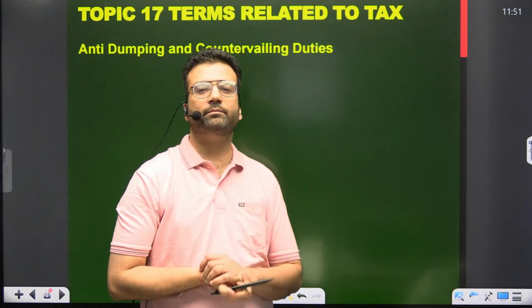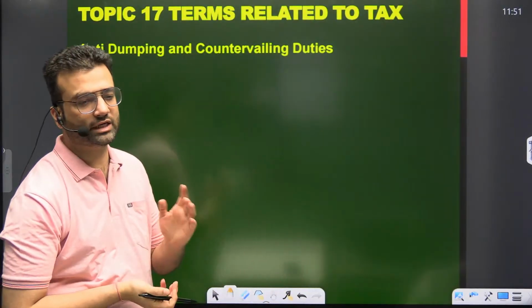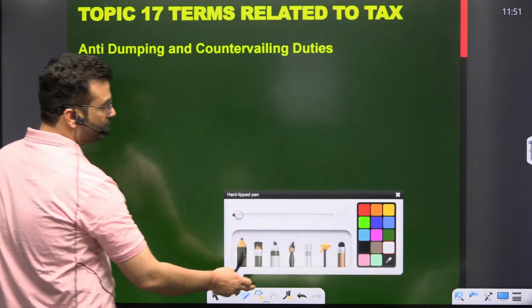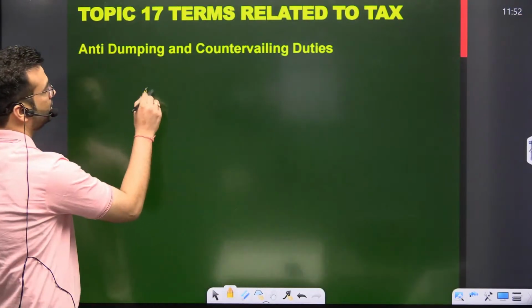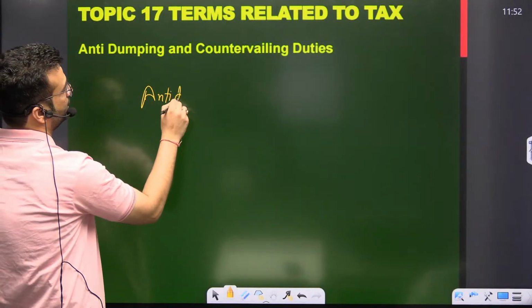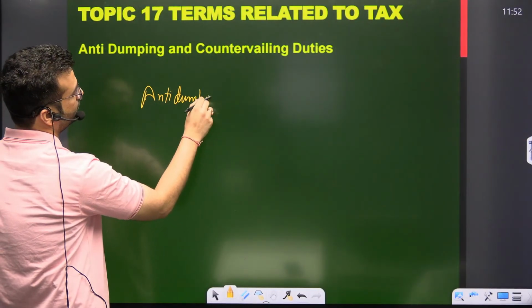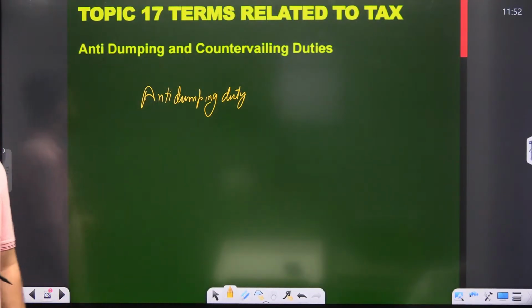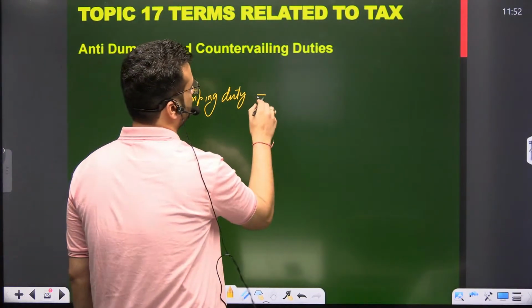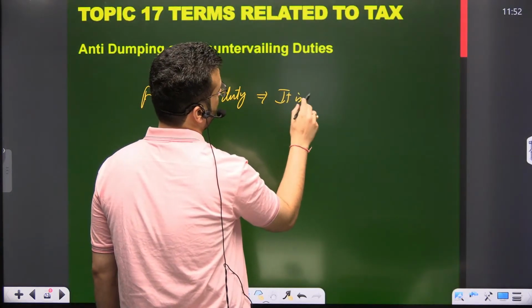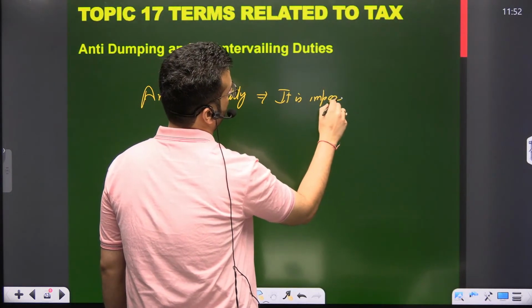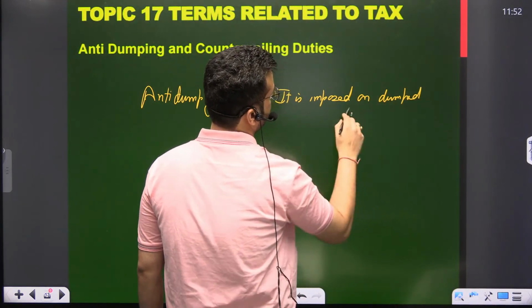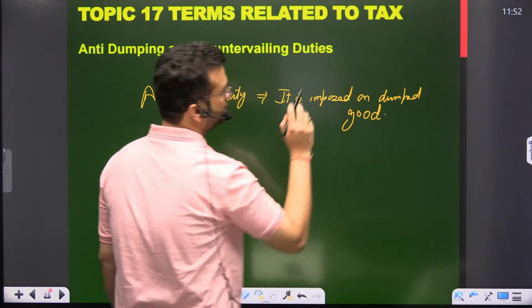Next is anti-dumping and countervailing duty. So what is anti-dumping duty? Anti-dumping duty is imposed on dumped goods.